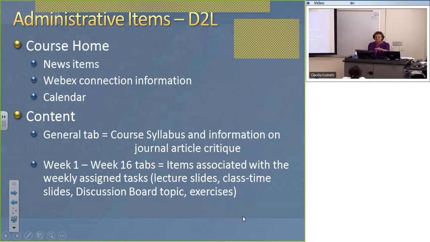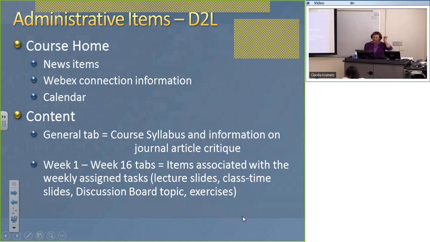That section of D2L also provides you with the WebEx connection information. If at any time you cannot make it to class, you can connect through WebEx and join us synchronously, or you can join us asynchronously. I suggest that you try not to do that. You made the choice of being an on-ground student, and I hope that you continue to do so. But, you know, things happen, right? And so it's nice to have options when you need them.